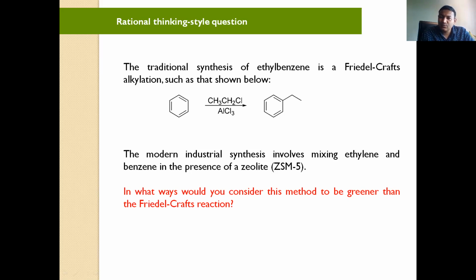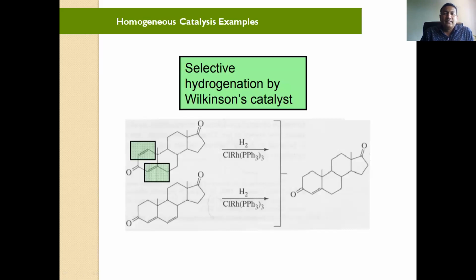Whether this reaction will happen or not, you have to think on that. And if this reaction will happen, then we have to think how this reaction will happen, right?